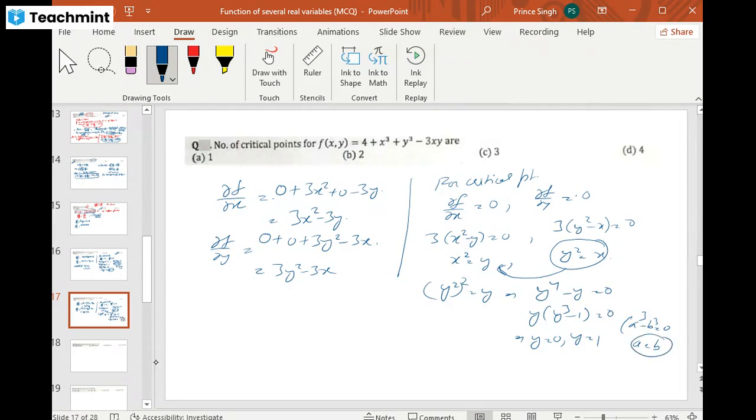And if y = 0, what is x? x is y², so if y = 0, its value is 0. And if y = 1, then its value is 1. So the points are (0, 0) and (1, 1).